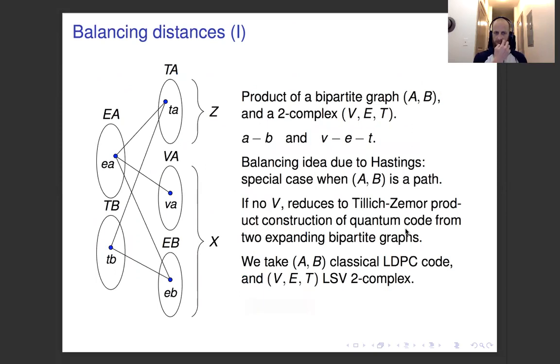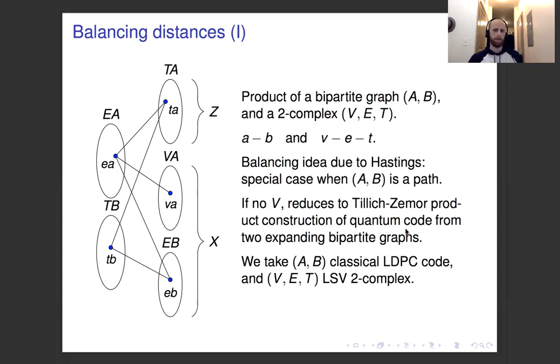And the reason for this is due to the balancing procedure, which is originally due to Hastings, and a variant of it was constructed by Tali and Zemor. The idea is that you have a complex such that, let's say, the X distance is very good but the Z distance is not so good, and you multiply this complex with a certain bipartite graph.